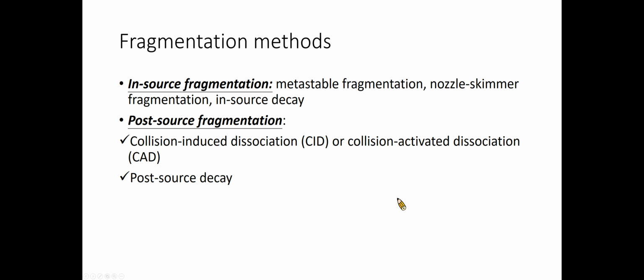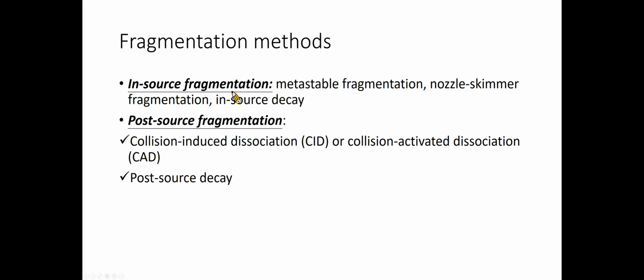According to the place where fragmentation occurs, it can be classified as in-source fragmentation or post-source fragmentation. As the ionization process applies voltage to the droplets or ions, the extra energy may elicit metastable fragmentation, nozzle-skimmer fragmentation, or in-source decay.